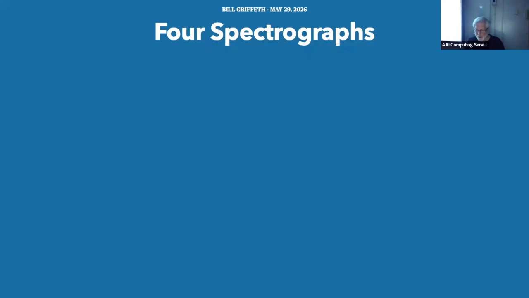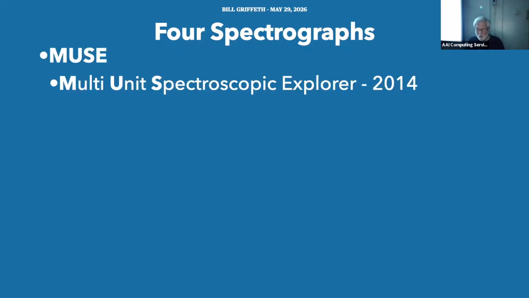Okay, so now that we've got the basics of how to produce spectra and how to select objects, we're going to go on to looking at individual spectrographs around the world. The first one is MUSE, the Multi-Unit Spectroscopic Explorer, installed in 2014 at Paranal Observatory in Chile.